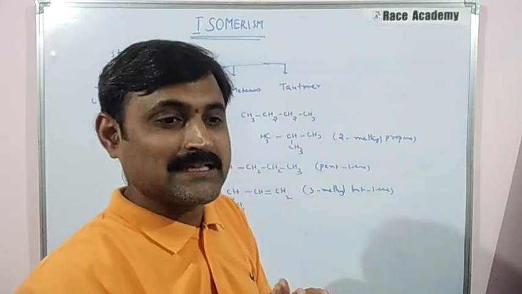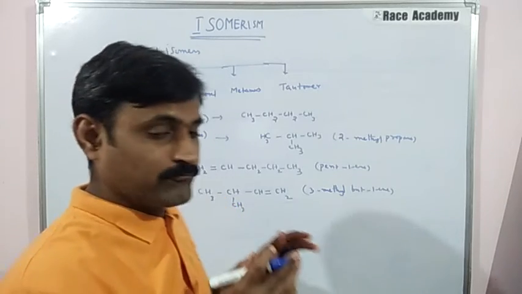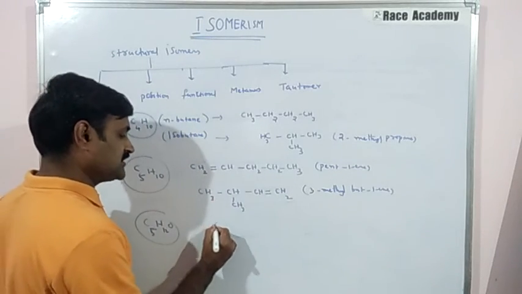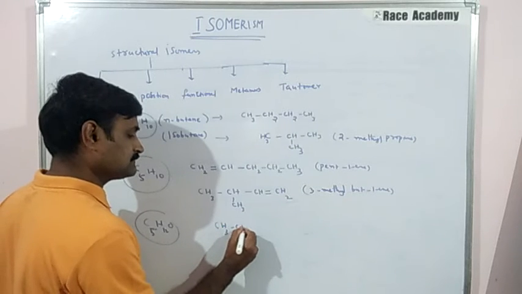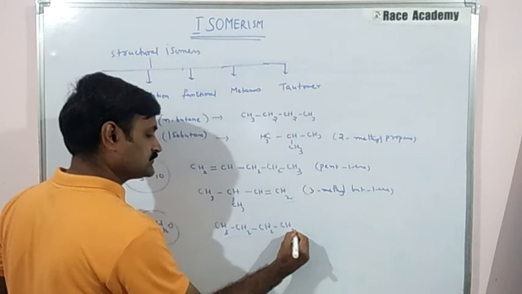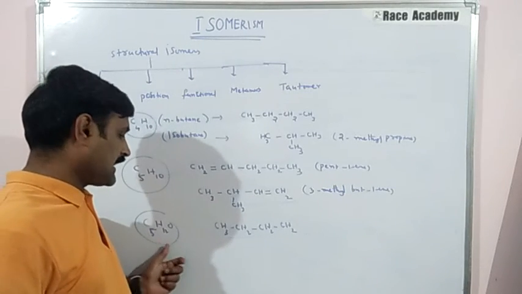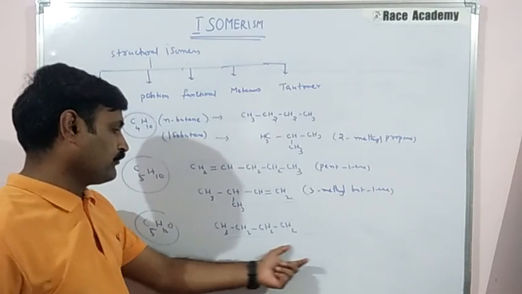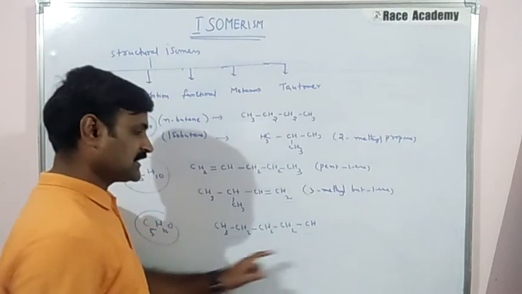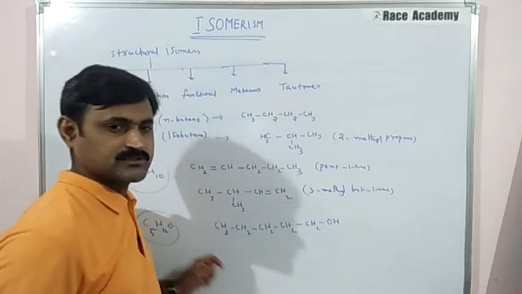One I can write as a 5-carbon chain: CH3, CH2, CH2, CH2, and then CH2OH.